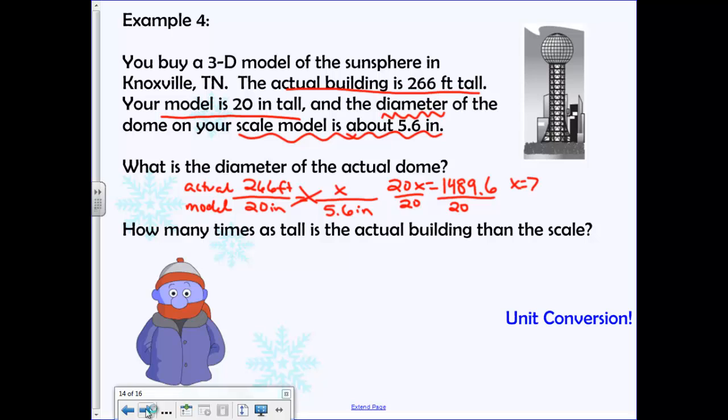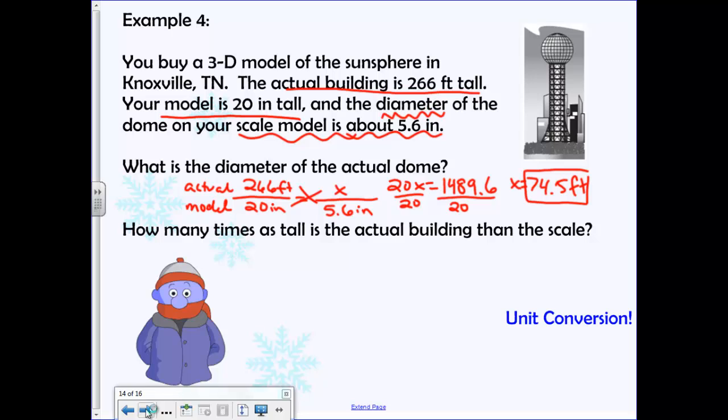So if I round it to 74.5, what's my units? X is on top, so up top I have feet. 74.5 feet for the actual dome diameter. So does this make sense?